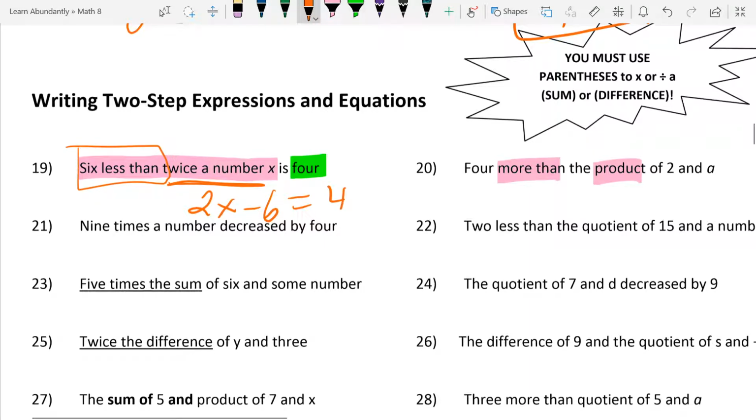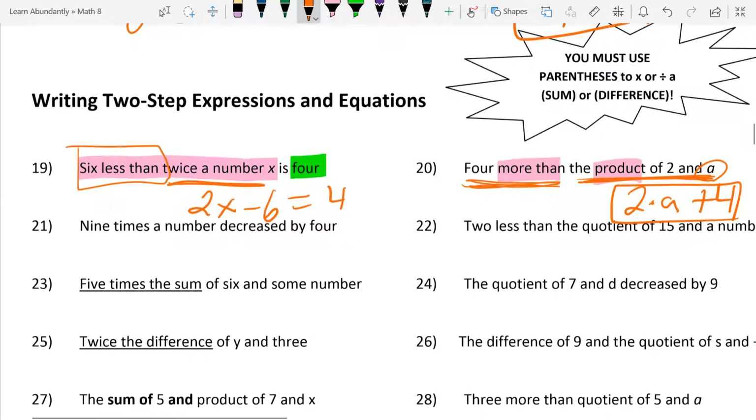The product of 2 and a. This phrase means 2 times a. 4 more than means I'm going to add 4. And the 4 has to go at the end. So we end up with 2 times a plus 4.